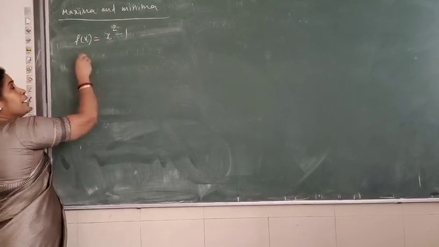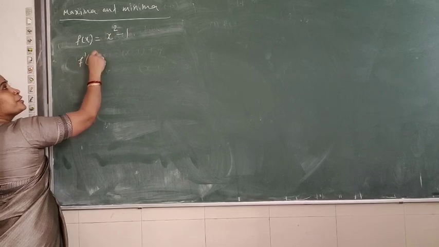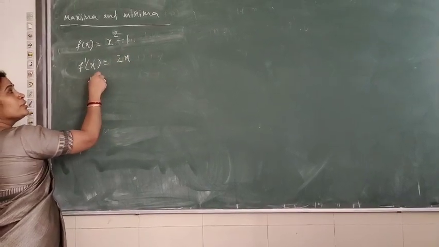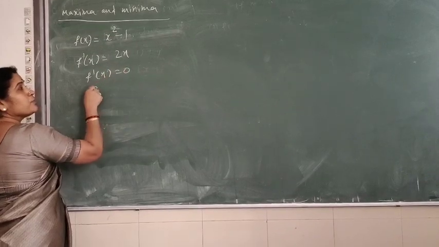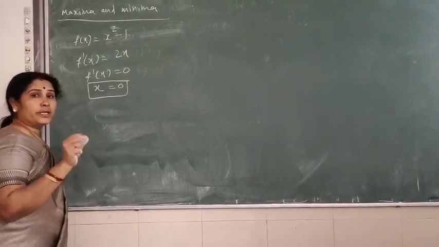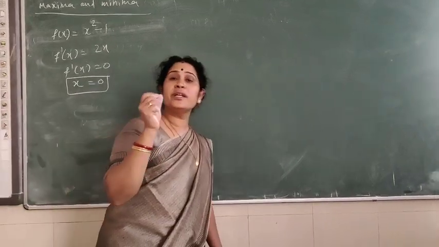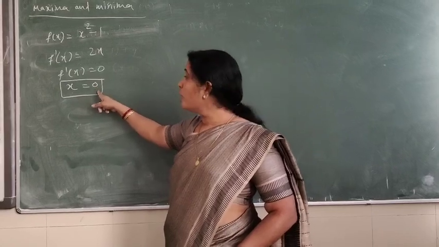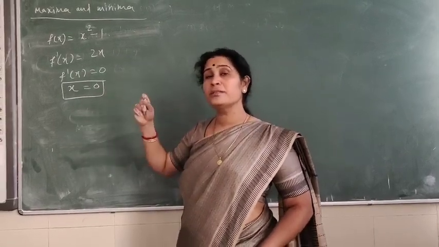That's my note. Now you have to do the procedure. f dash of x is equal to 2x. Now let f dash of x equal to 0. This implies x is equal to 0. Whatever value you are getting, nearest left value, nearest right value, for each value you have to check nearest right, nearest left.